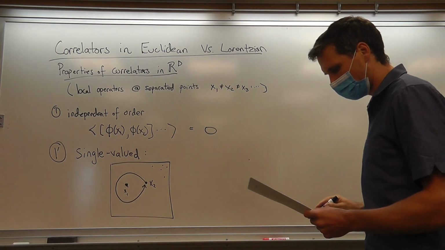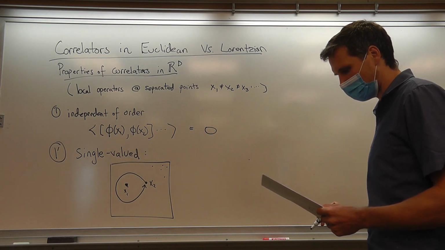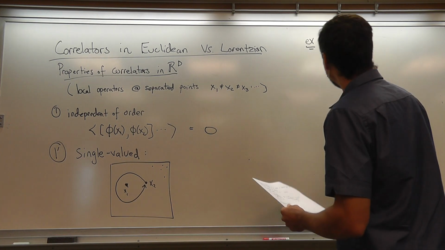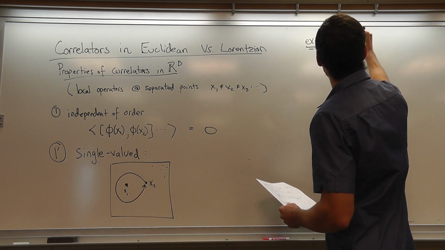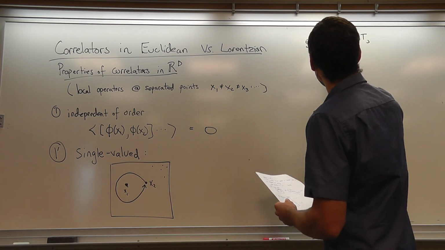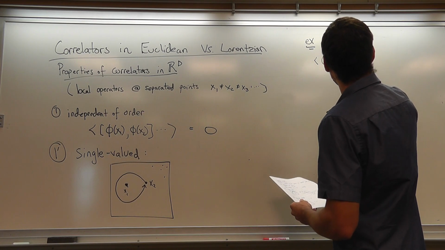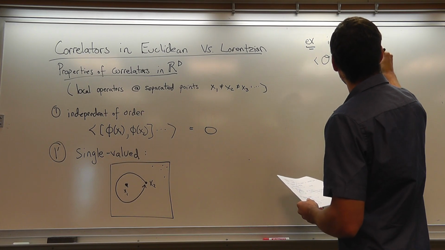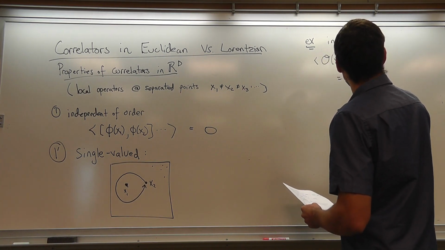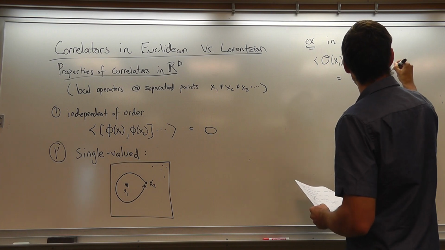Some of this carries over to other situations, but a lot of it gets more complicated. So, for example, in a conformal field theory, the 2-point function is <O(x1) O(x2)> equal to |x1 minus x2| to the minus 2 delta.